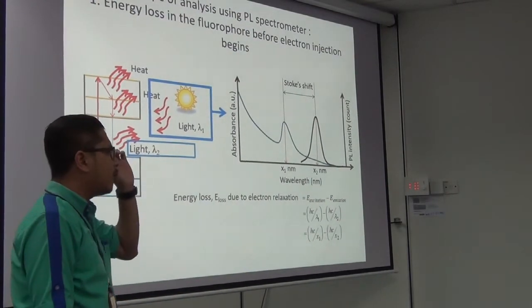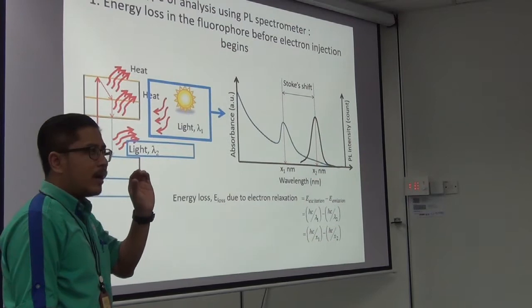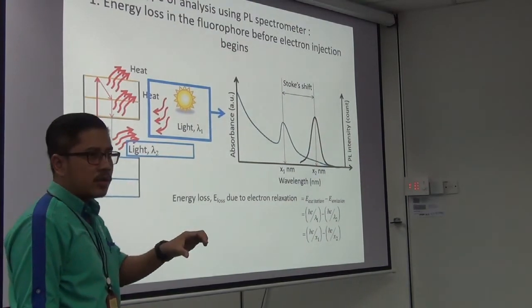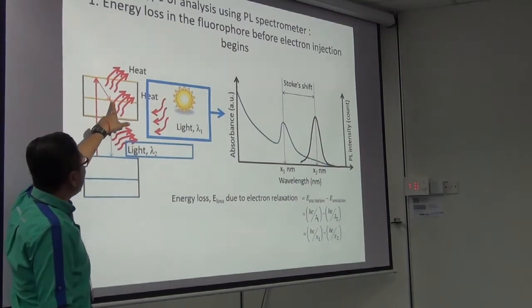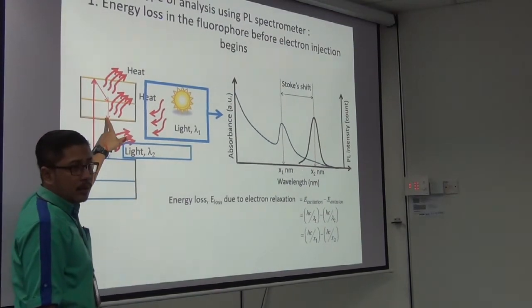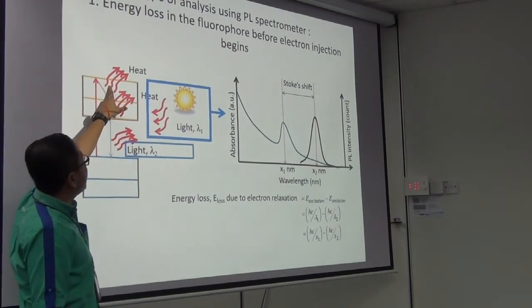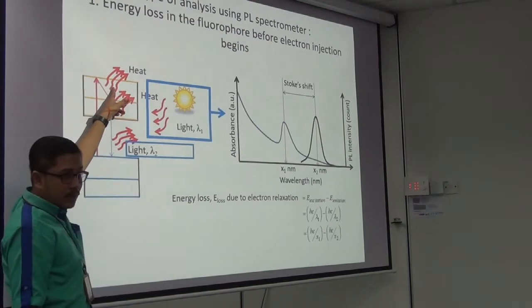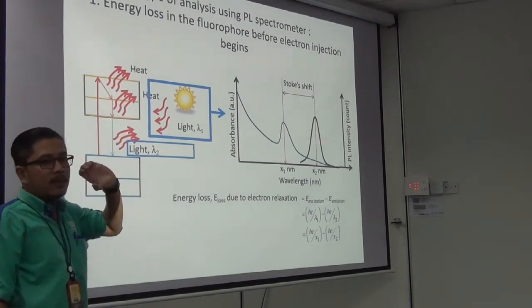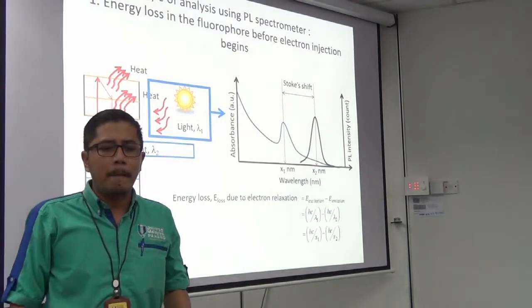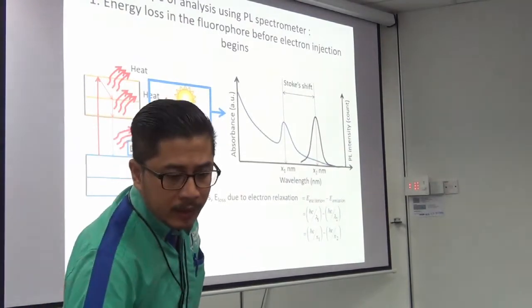I mean, not without losing its energy, but we minimize the energy loss. So this relaxation is a waste. We don't want the energy of the electron to be lost as heat. We want to maintain the energy as maximum as possible and minimize the energy loss.